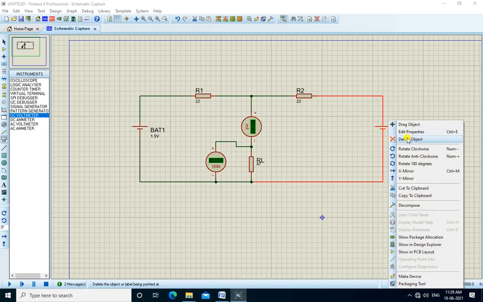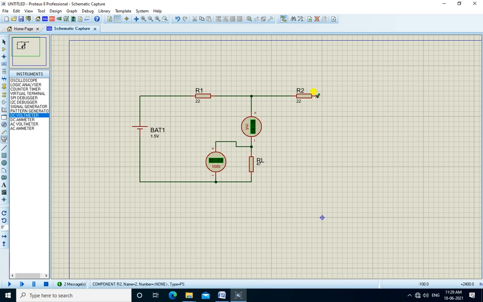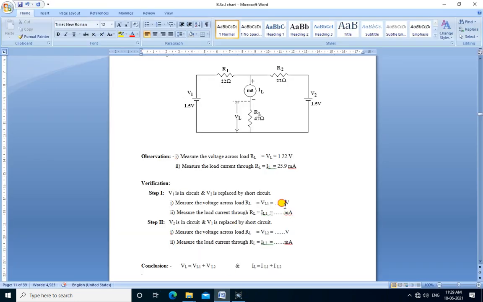So we remove this V2 and replace it by a short circuit, and we run the simulation, and here we get 0.61 volt VL1 and IL1 is 12.9 milliampere. We just note down 0.61 volt and IL1 is 12.9 milliampere.